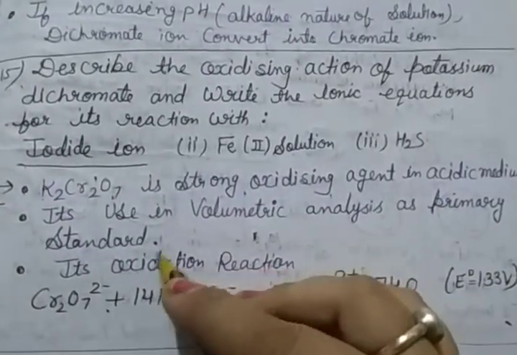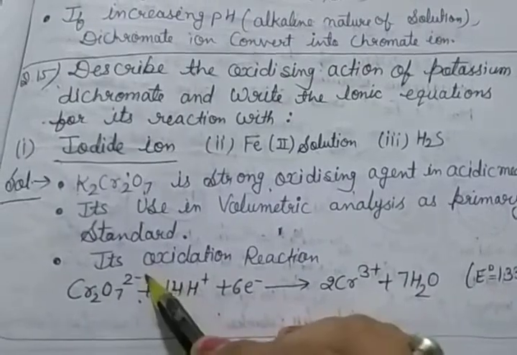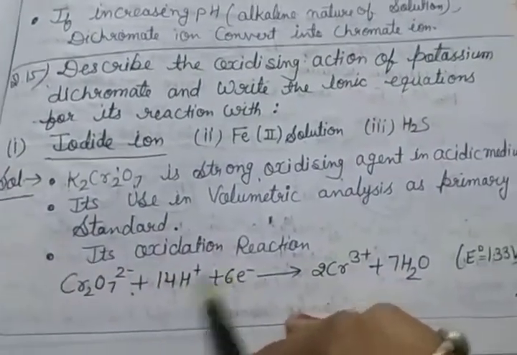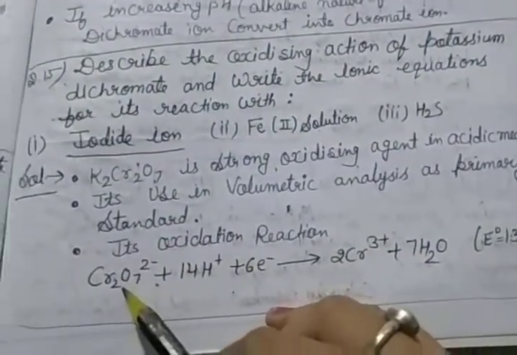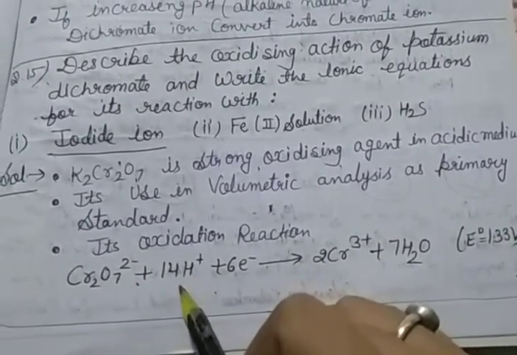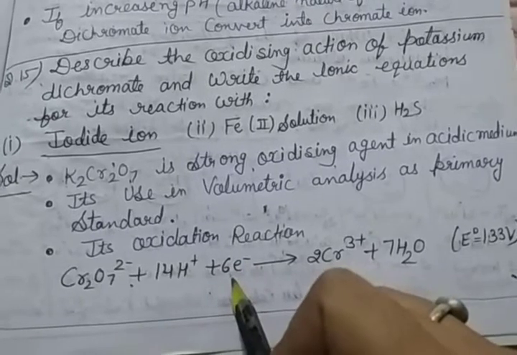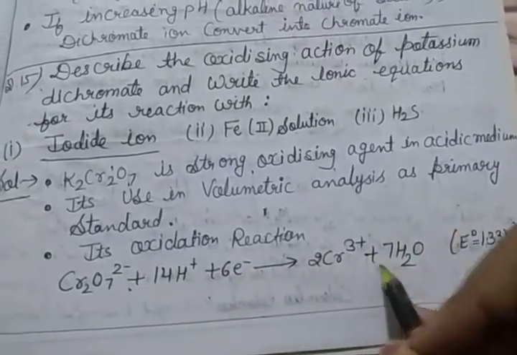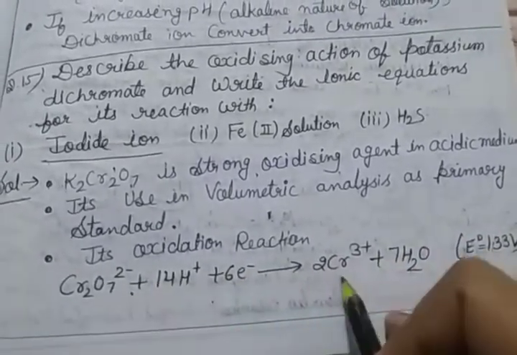So first is its reduction reaction. Dichromate ion Cr2O7 2- reacts with H+ ions, 14H+ and 6 electrons, giving 2Cr3+ plus 7H2O.